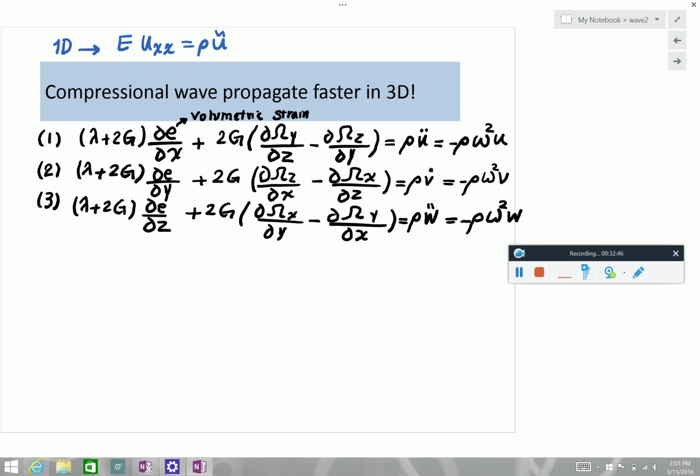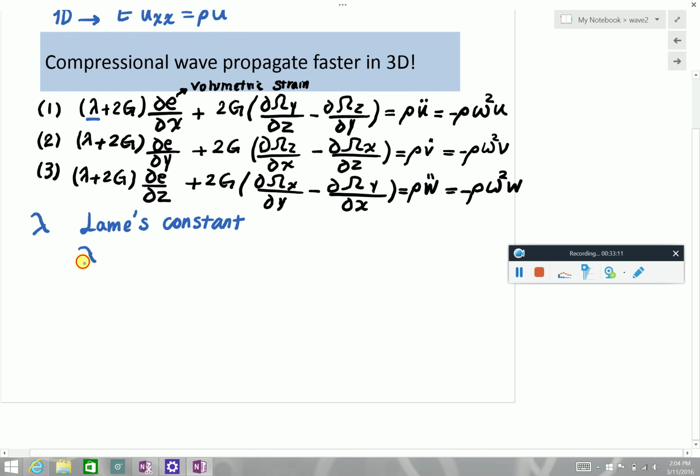Now there is some new parameter here, so we don't see E and we see this lambda. You may have heard of lambda, this is the so-called Lamé's constant. And its relationship with E is basically a function of Poisson's ratio.